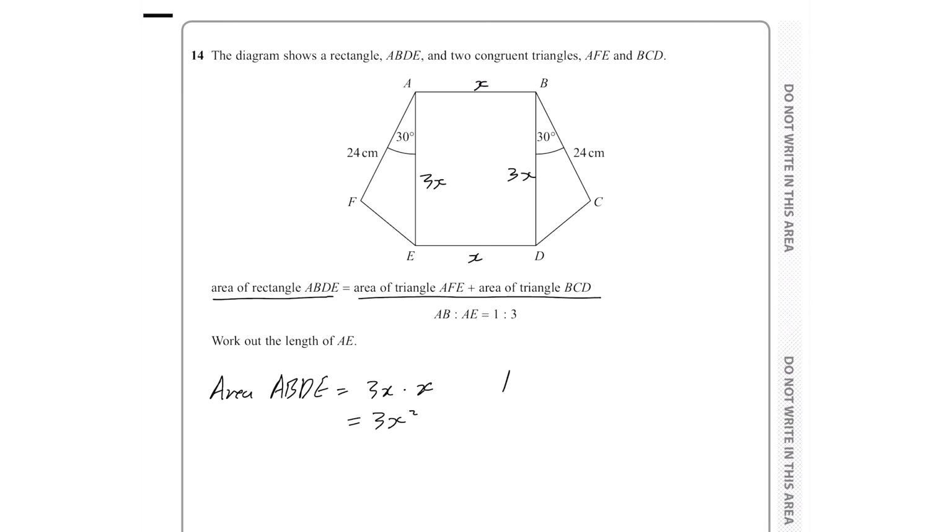So we'll do the area of AFE, where we're going to use the formula a half ab sine C. That's a half, A is 24, B can be 3x, and sine C is sine 30. So that's a half times 24, which is 12, and then we have 3x, and then sine 30 is just a half, and that leaves us with 18x.